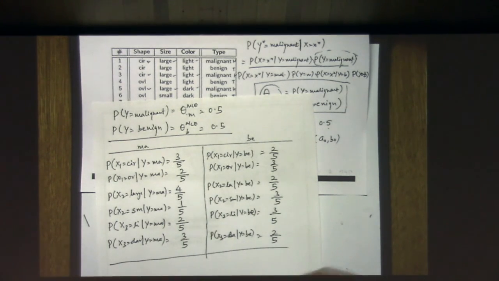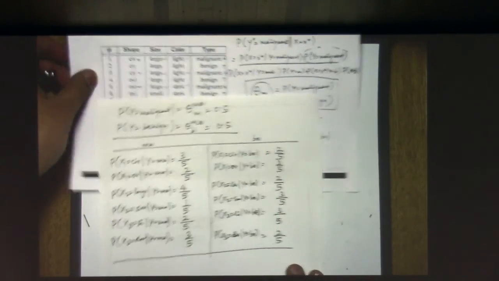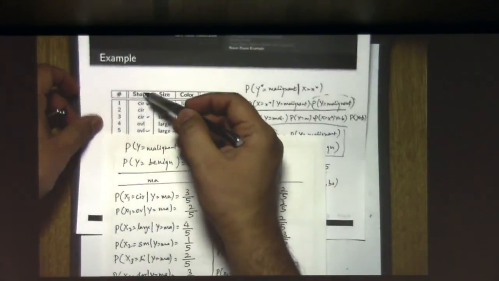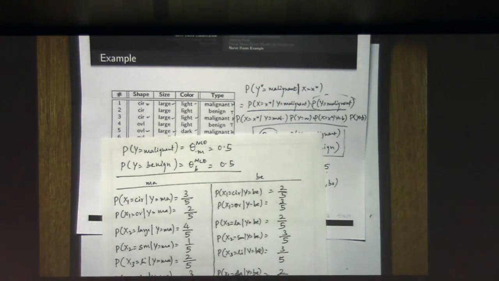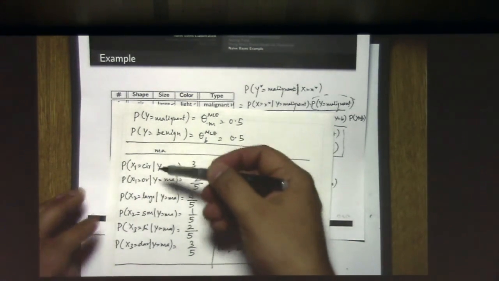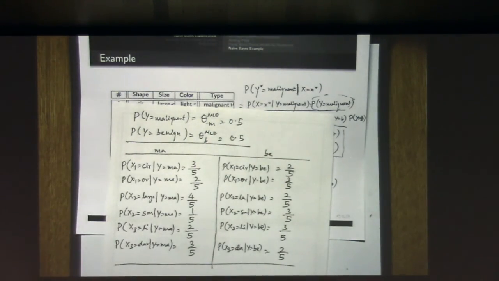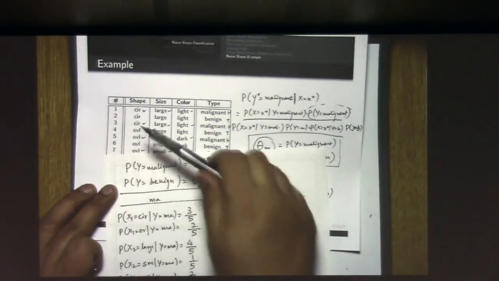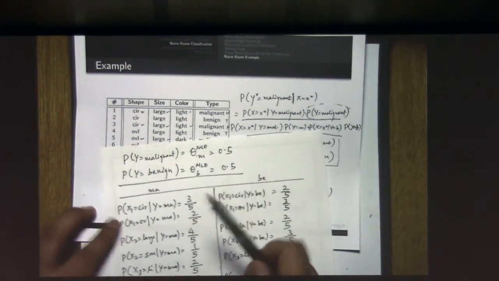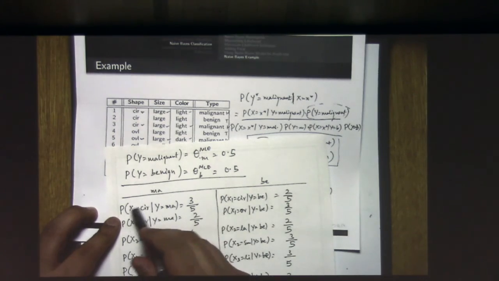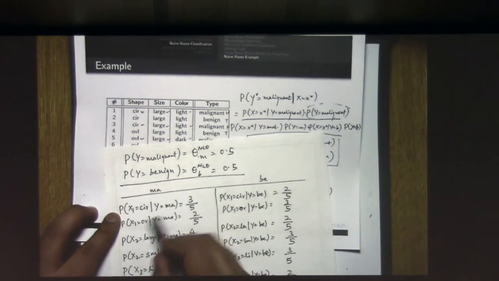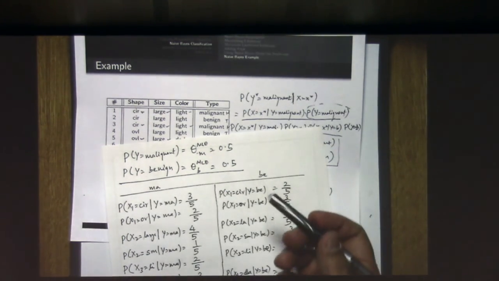Now, the way these things can become more complicated is, what if I say that this shape can take 3 values, right? The entire process is still the same, except that you will have to enumerate all probabilities. So let's say it was also circular, oval, and something irregular. Then you would have to compute x1 equal to circular, x1 equal to oval, and x1 equal to irregular, right?